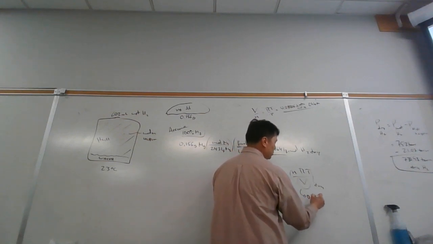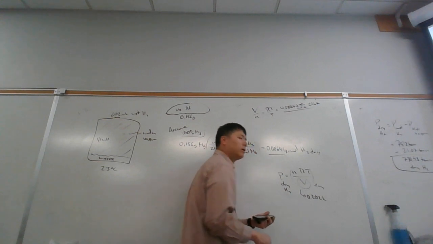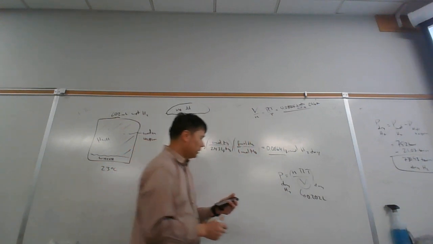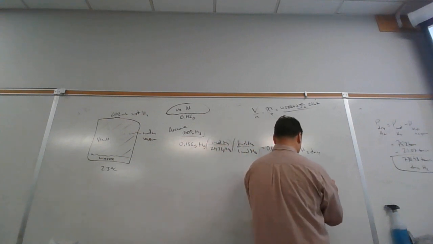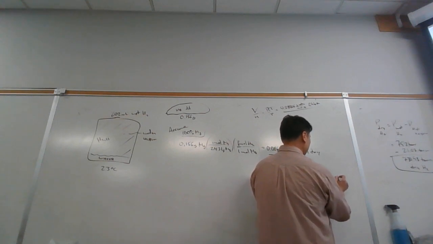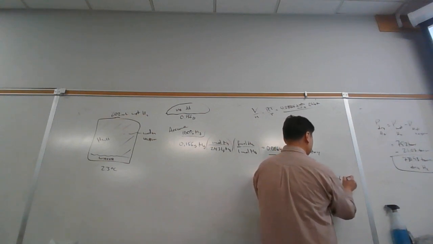And so this would be 0.202 liters, and so I'll divide it by 0.202. And I get the pressure of dry hydrogen that I generate is 0.7716 atmospheres.